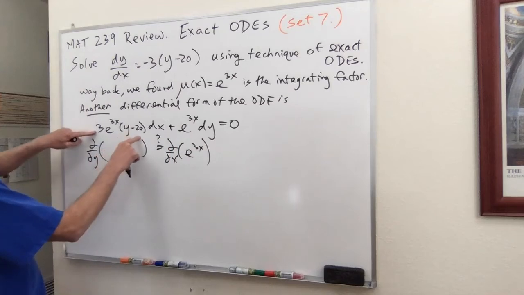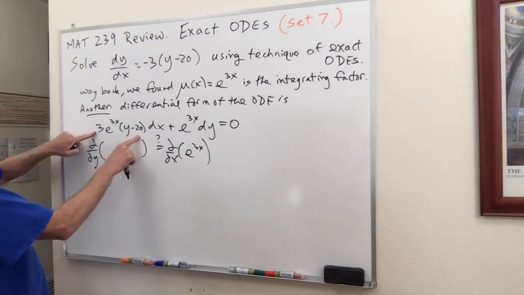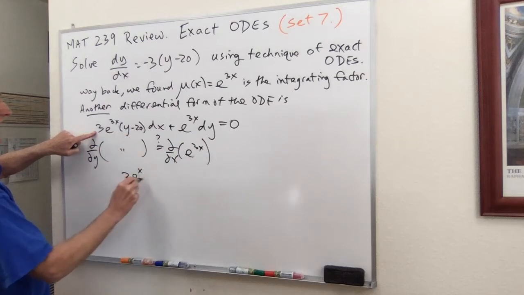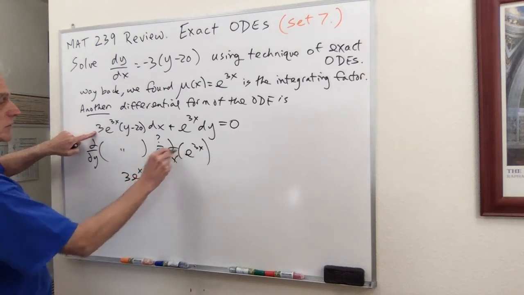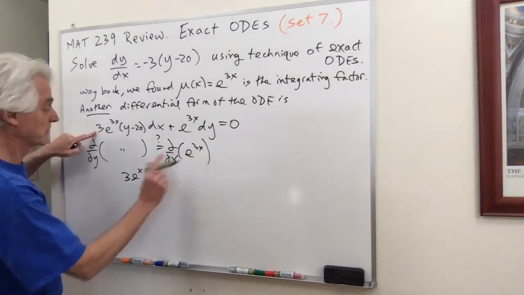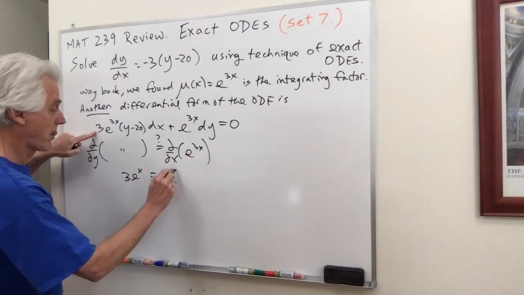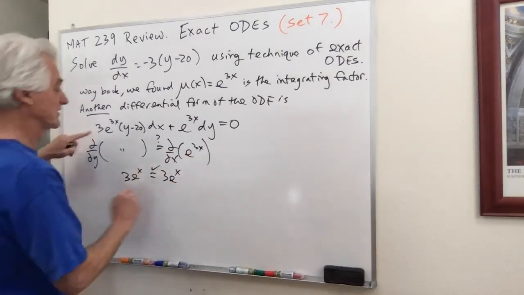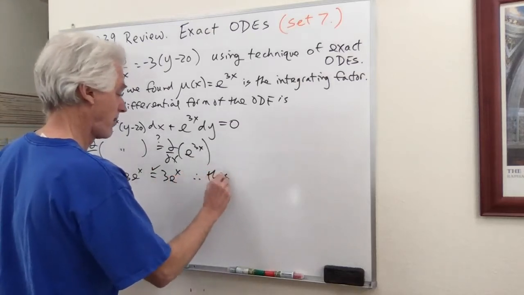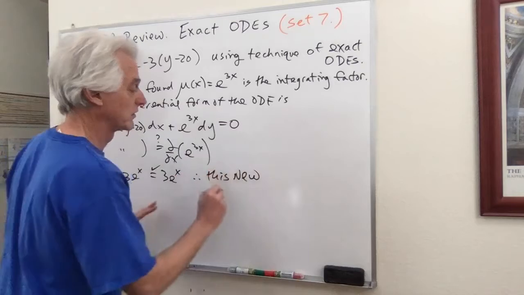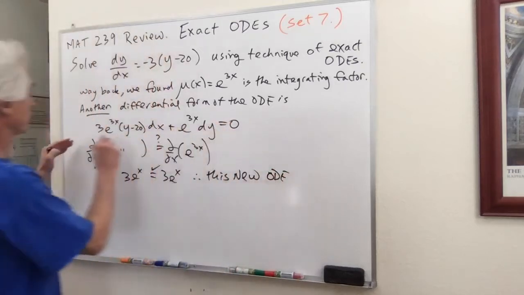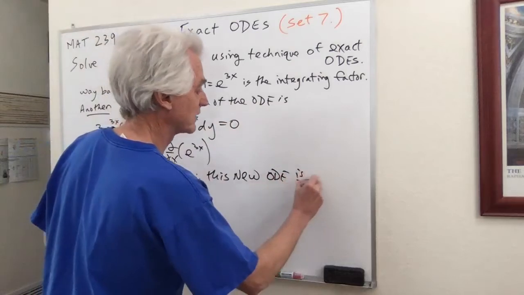I differentiate this with respect to y, treating x as a constant, and I just get 3 e to the 3x. Does that equal the derivative of this? I get 3 e to the 3x times 3 from the chain rule. Yes, they are equal. This new ODE in differential form is exact.